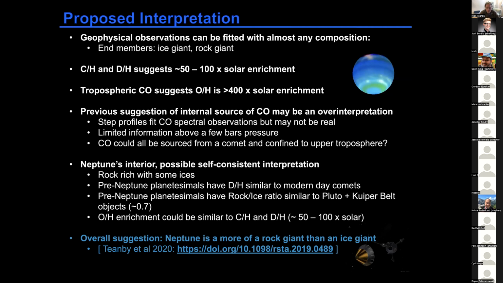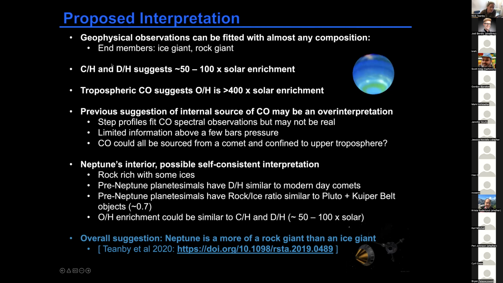So the final slide now, just to summarize what I've been rattling on about for the last 35 minutes. We do have some geophysical observations, but they can be fitted with almost any composition. So the members of ice giants or rock giants, all of that fits the available geophysical data.